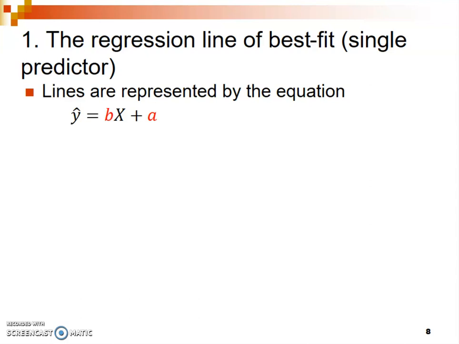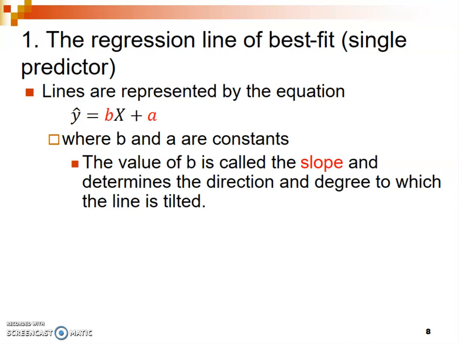This is the line for when you have a single predictor, a single x value trying to predict your y. This is the general structure of our linear equations, and we'll talk more about what each aspect of the equation is. In this equation, b and a are referred to as constants. Essentially, those are numbers. b is called the slope.